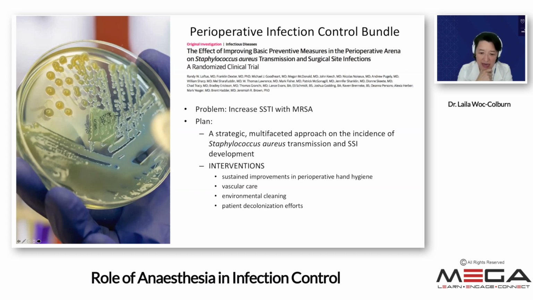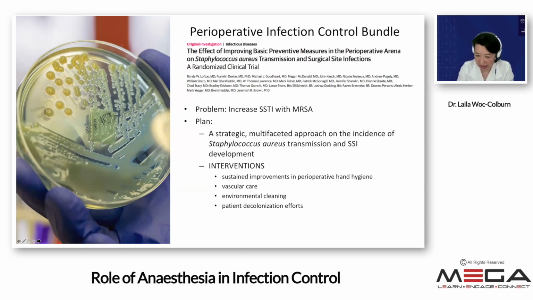They did it by doing these 4 types of interventions: sustained improvement on hygiene. I cannot emphasize enough that if you can increase your compliance with hygiene, that is actually the most useful intervention that you can do for infection control.